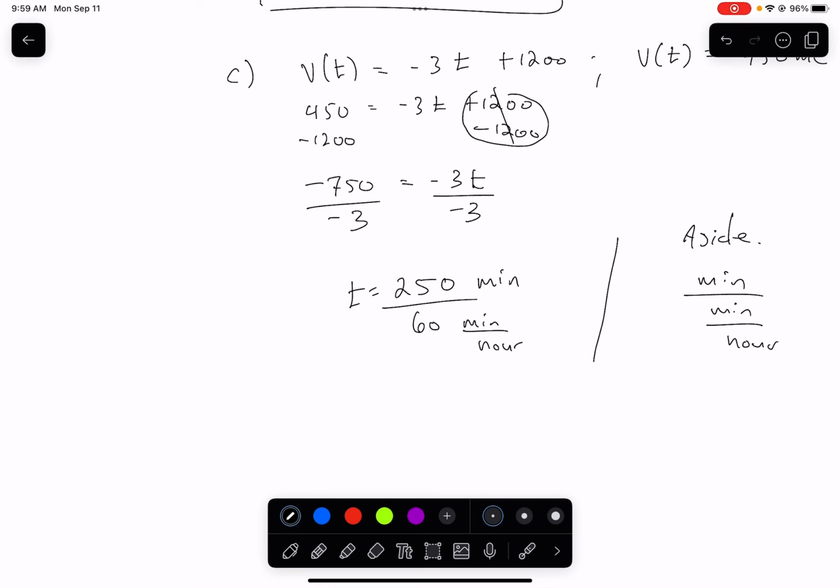We've done this. How do you deal with fractions inside fractions? You always take the numerator and multiply it by the reciprocal. Does that sound familiar?